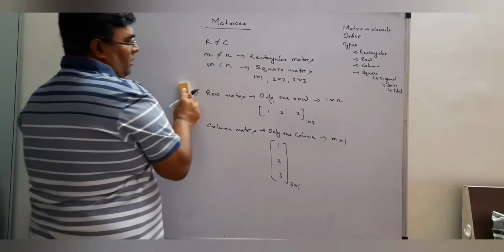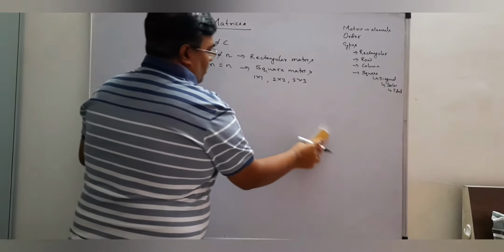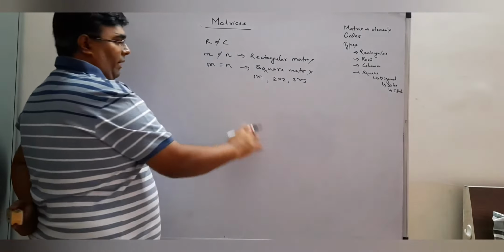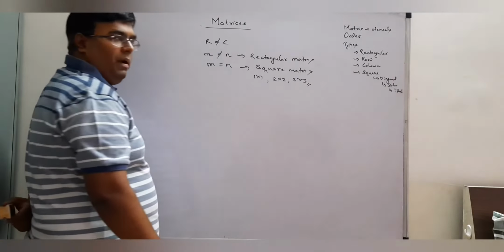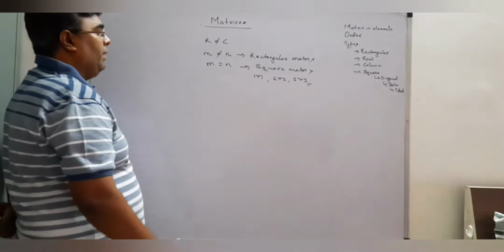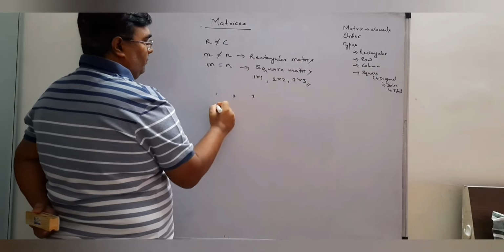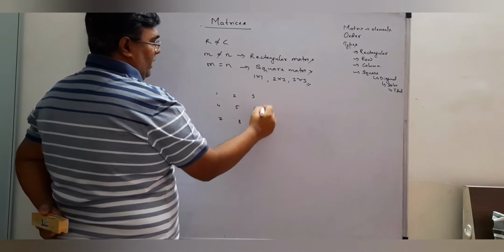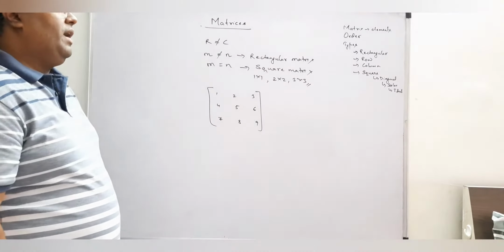Next we will learn about square matrices. Okay, in a square matrix, basically there is one called the diagonal matrix. Let us take a 3 by 3 matrix. So 1, 2, 3, 4, 5, 6, 7, 8, 9. This is my 3 by 3 square matrix.